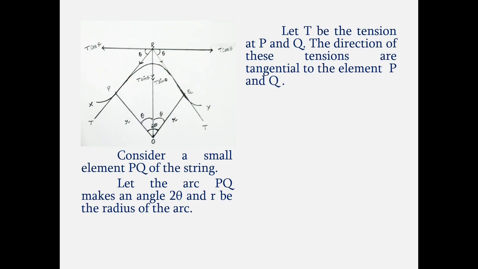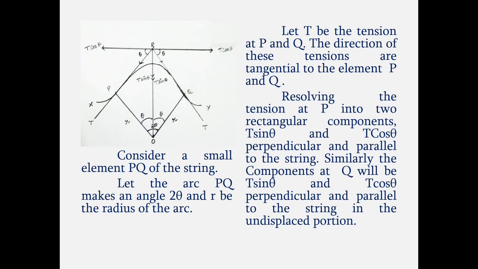We know the tension at the points P and Q is T, and the direction of this tension T is tangential to the element at P and Q. So, in the diagram, you could see a tangent has been drawn at points P and Q. These two tangents meet at a point R.